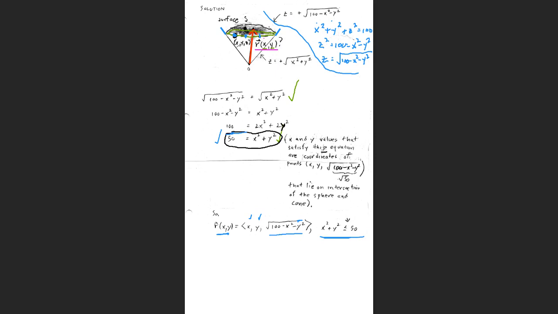But inside the rim, the points that are inside on the sphere, the parameters x and y would obey x squared plus y squared less than or equal to 50, because x squared plus y squared equals 50 gives you the rim, and as you go inward, x squared plus y squared is less than or equal to 50.